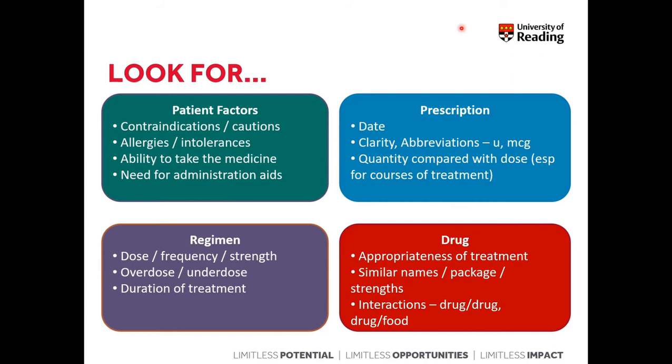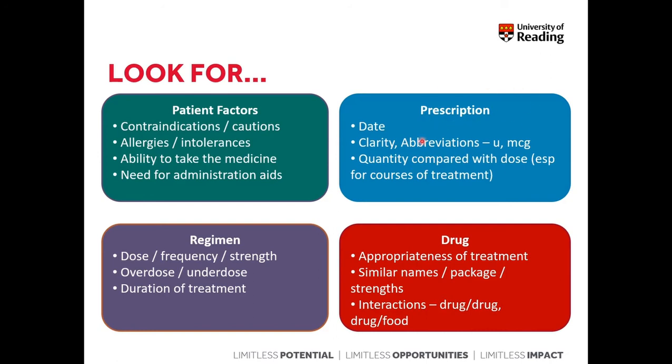Or some might struggle using their inhaler. So making sure they take an appropriate inhaler to help them, making sure that they can take their medication and they get the most out of that medication. You might have people with poor eyesight, so you need to use large fonts on, for example, labels.